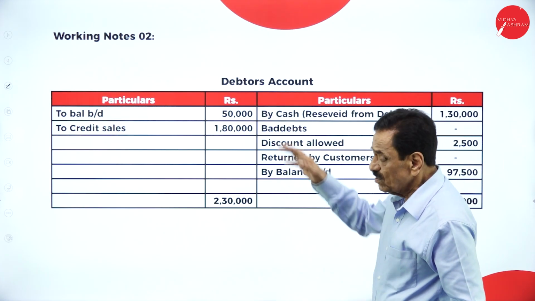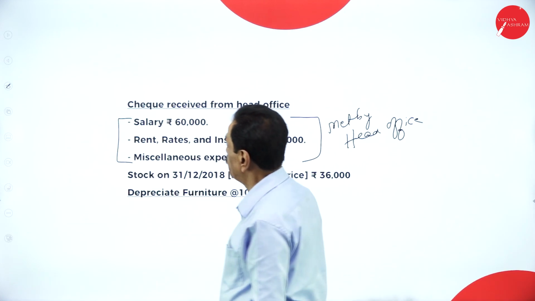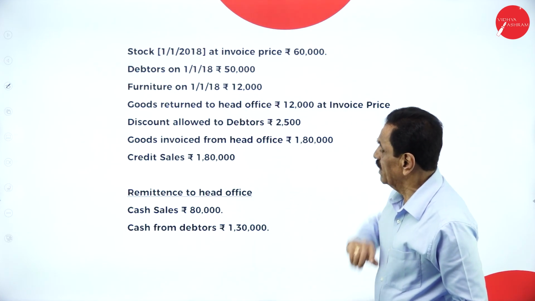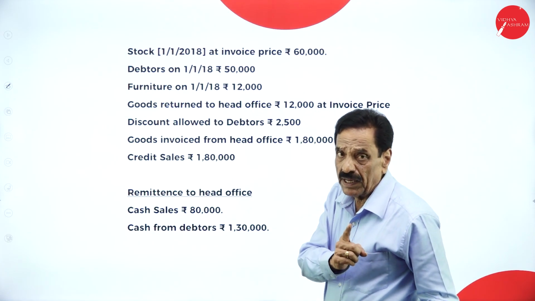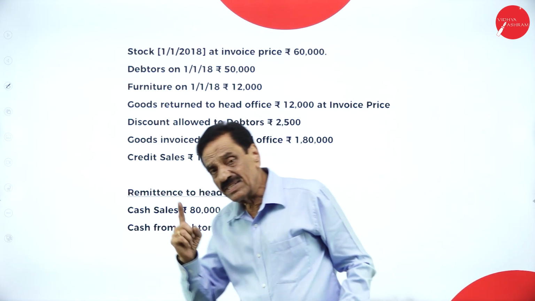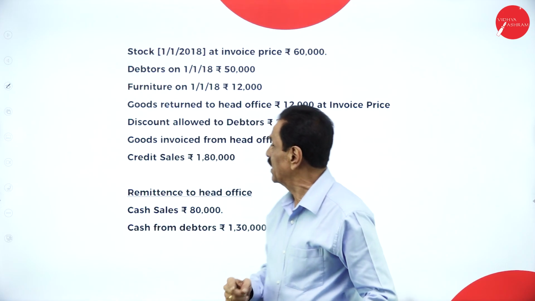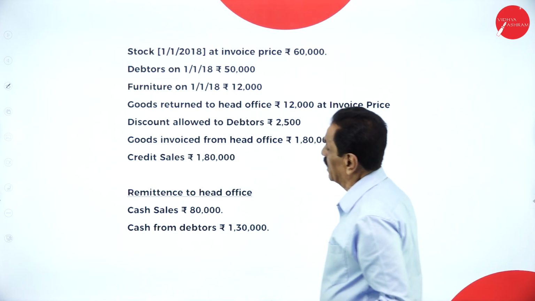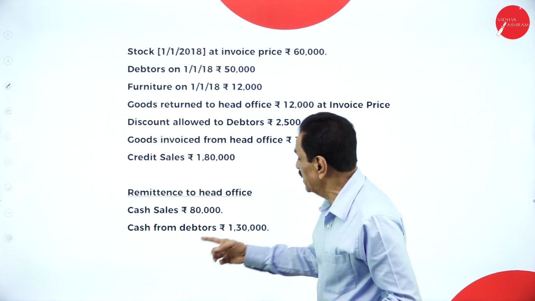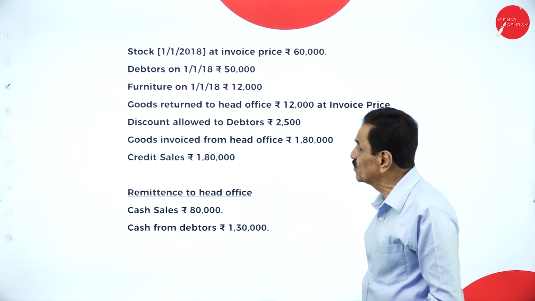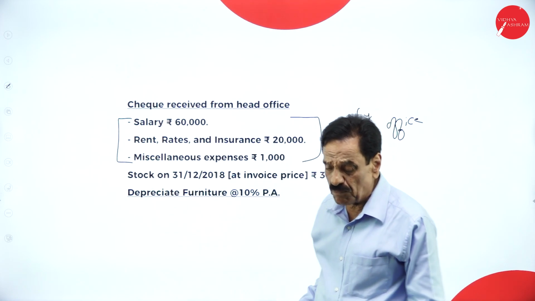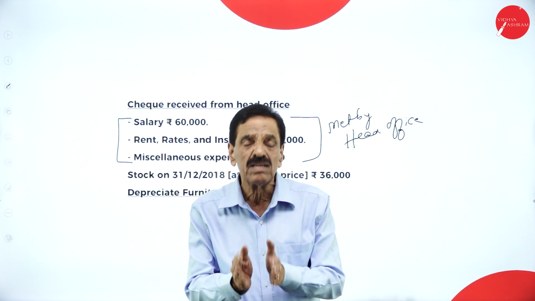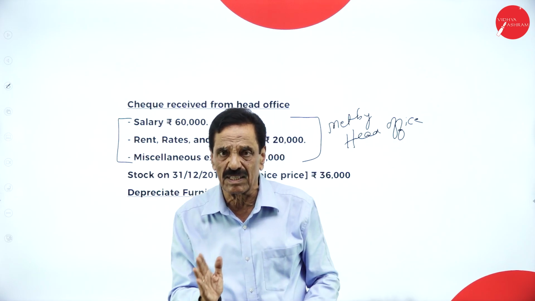Then, if you see the problem now, you have an opening debtor of 50,000. A debtor account is prepared to find out the cash receipt from the debtor or the closing debtor. If you see that the opening debtor is there, and on the credit side the cash receipt from debtor is also there, but there is no closing debtor, then we have to prepare the debtor account.